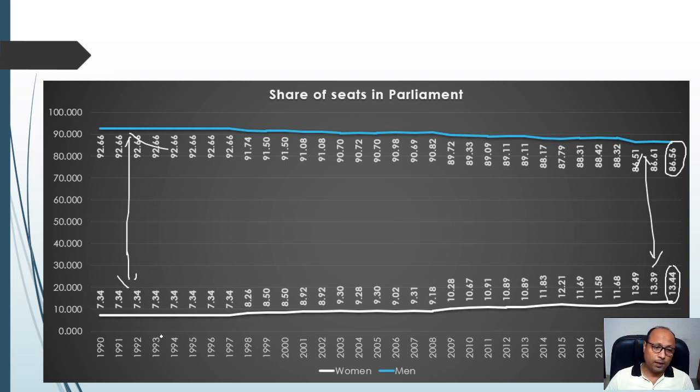But over a period of time, from 7.34 it increased to 13, so nearly doubled. But it took many years, 1990 to 2020. Whereas the share of males in the parliament was 92, decreased to around 86, still not much difference. But the good part is the gap is moving towards convergence.